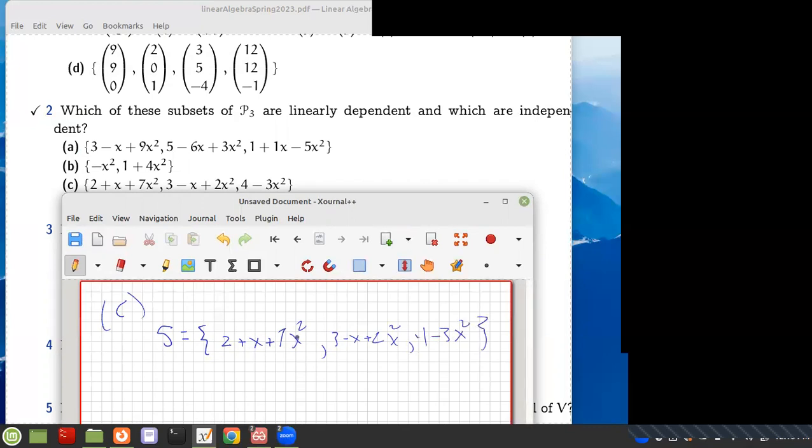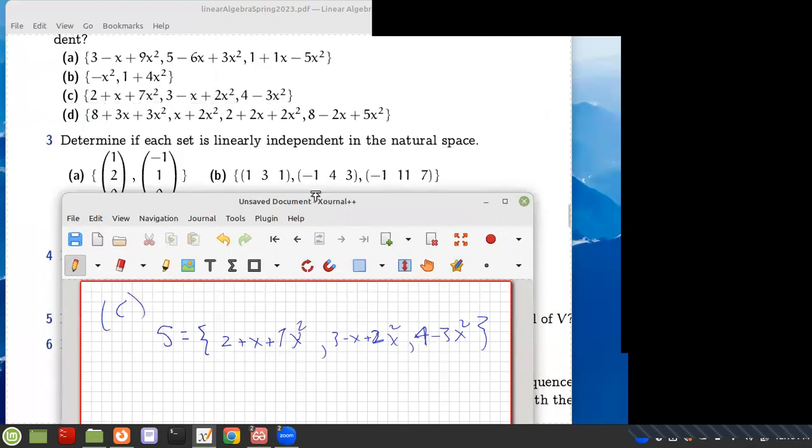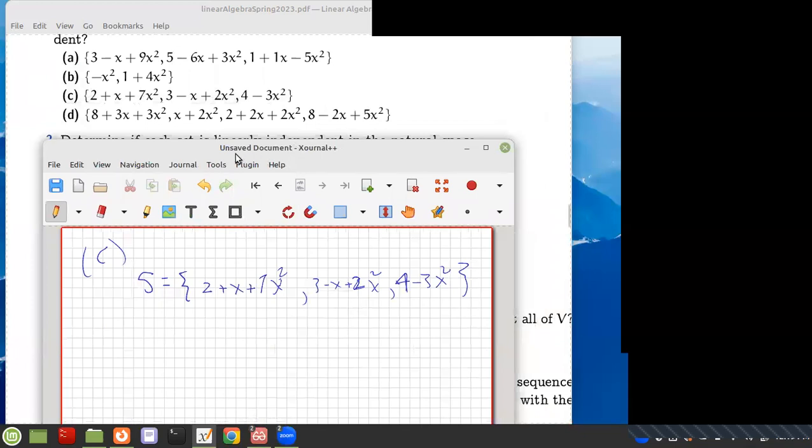Is that set linearly independent? So it's 2 plus x plus 7x squared, 3 minus x plus 2x squared, and the third one is 4 minus 3x squared. See if you can go through the process.